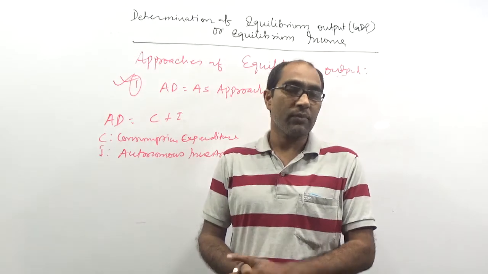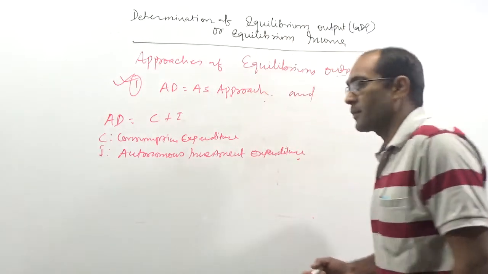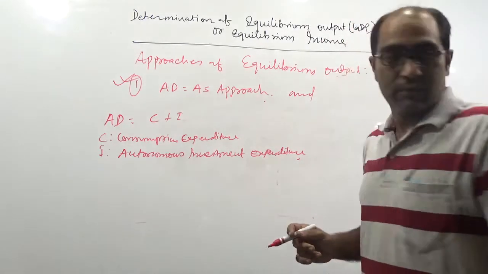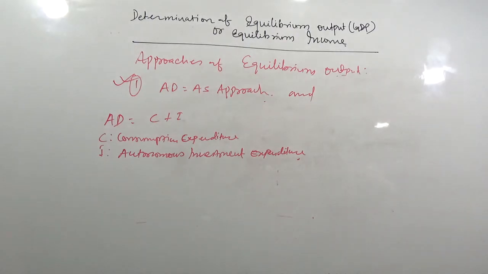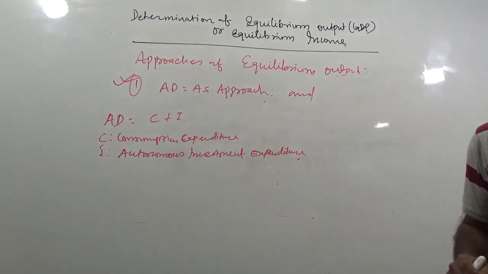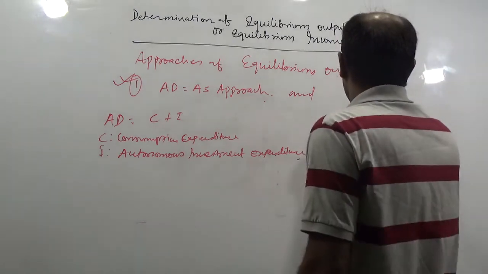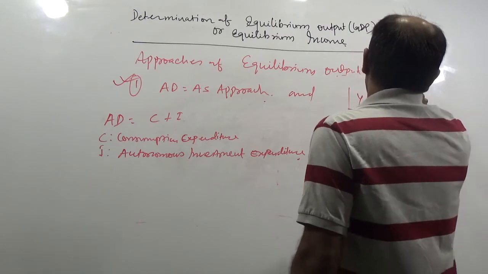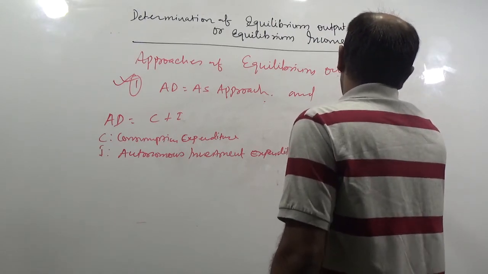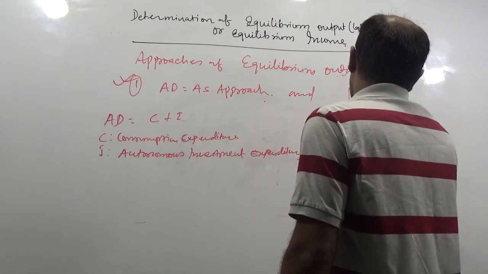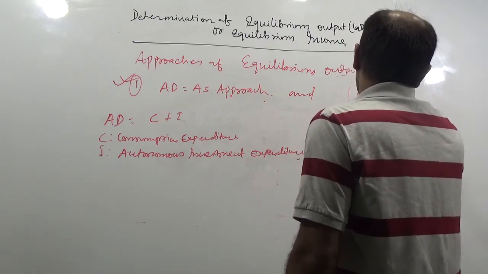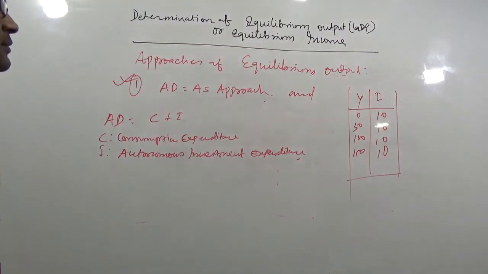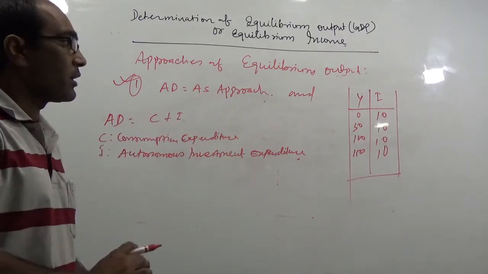So for autonomous investment, if you wish to draw the curve, take the level of income and investment. Whatever the level of income, it doesn't matter. Suppose it's 10, then the value of autonomous investment must equal 10.